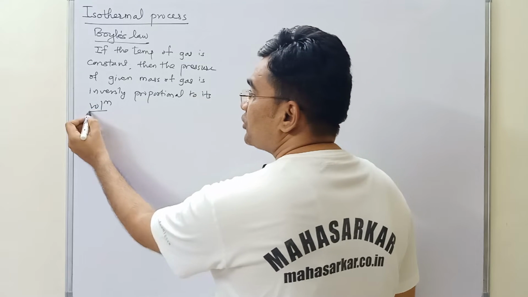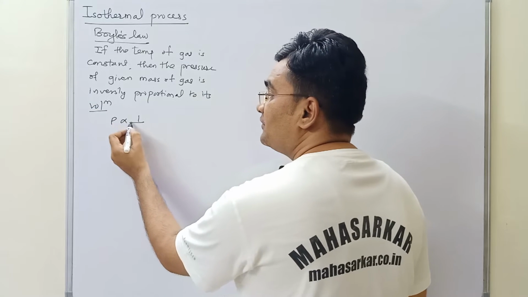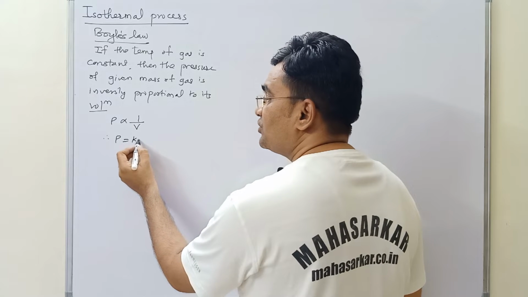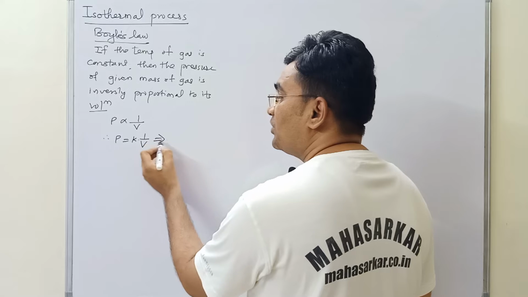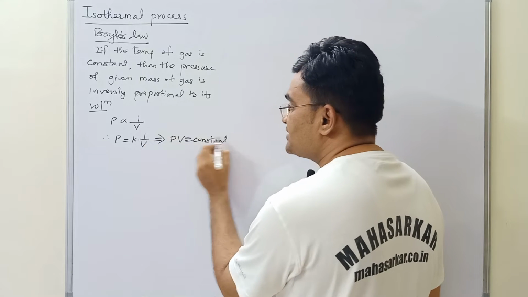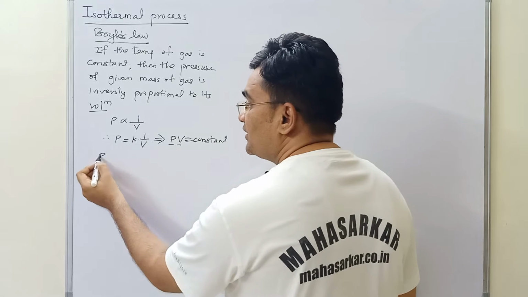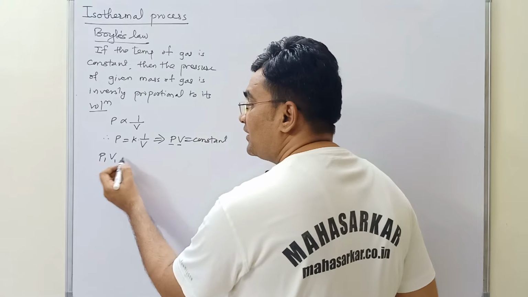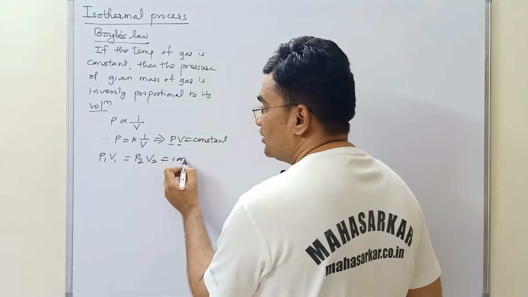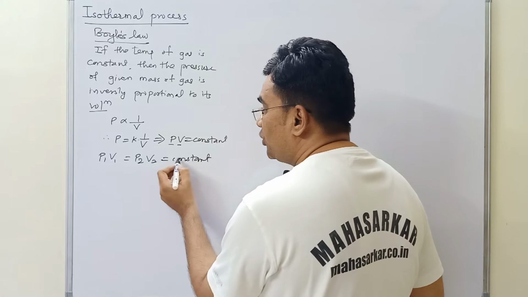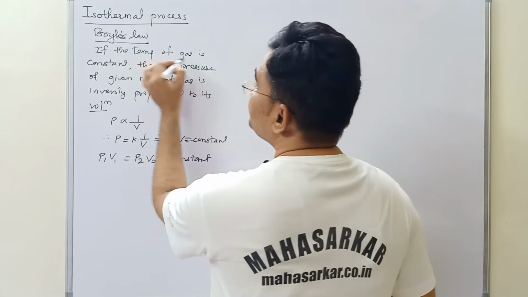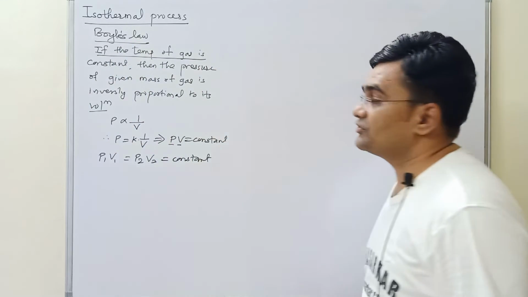When temperature is constant, P is inversely proportional to V, P equals K into 1 upon V, that is, PV is equal to constant. So if I change these parameters from P1 V1 to P2 V2, it is still going to remain constant. This was Boyle's law, in which the important parameter of the system is constant, that is, temperature is constant.